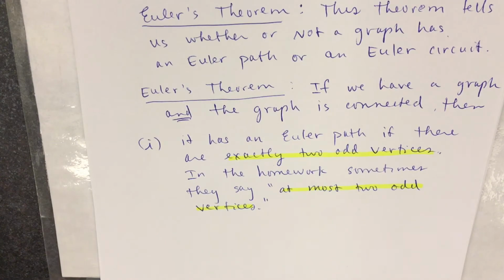That's a different question, isn't it? At most two, you could have 0 siblings, you could have 1, you could have 2. But the author of our textbook has used these interchangeably. And they're not really interchangeable.